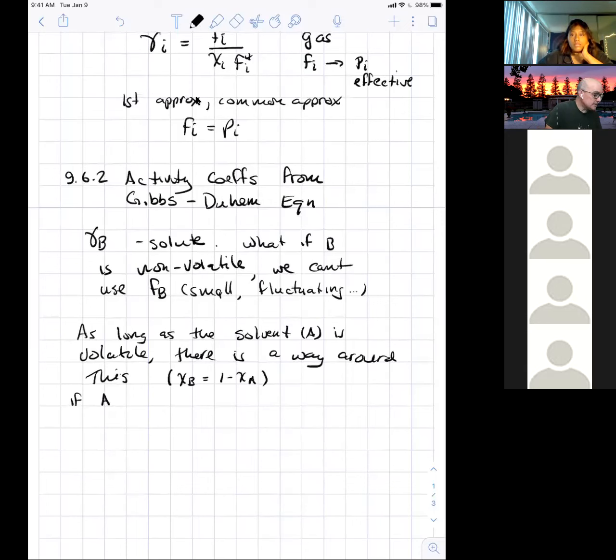So what we need is A and B miscible in all proportions, and only A needs to be volatile for us to do this.